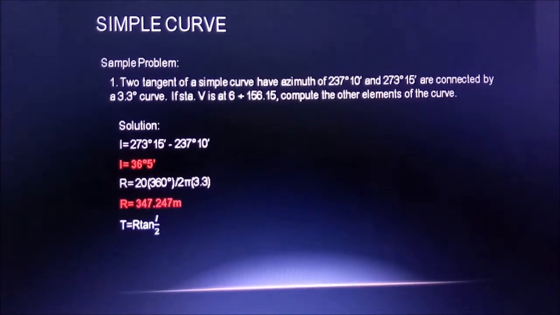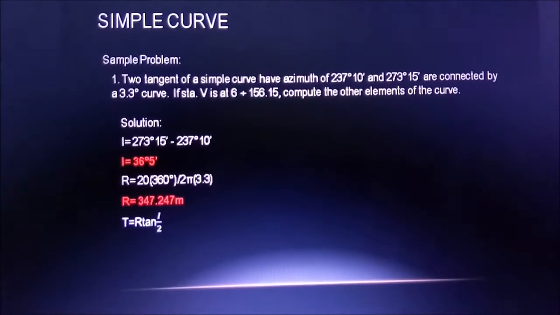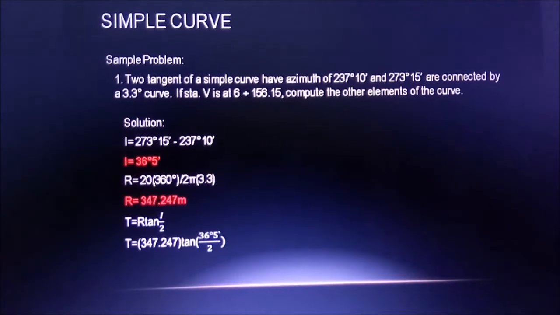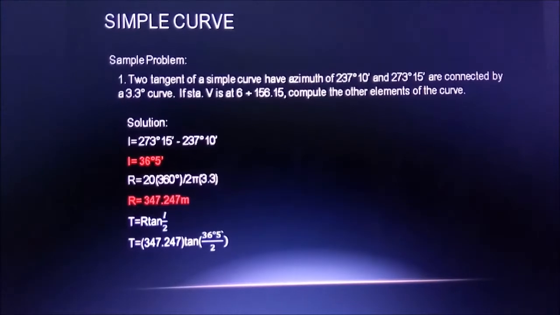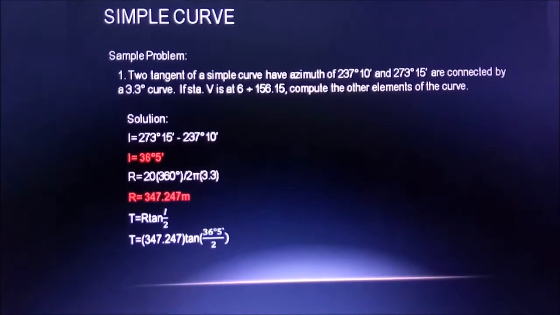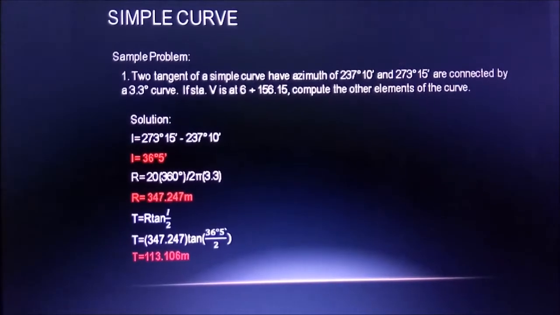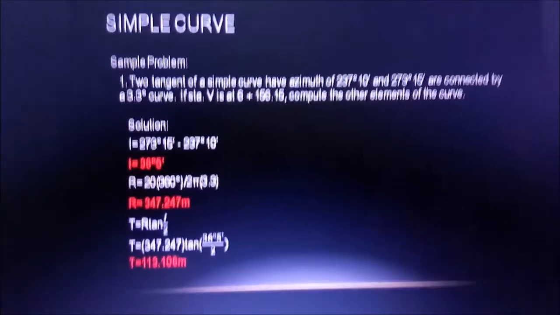The next element is the tangent distance. So T is equal to R tangent I over 2. So T equals 347.247 tangent 36 degrees 5 minutes over 2. So the tangent distance is 113.106 meters.